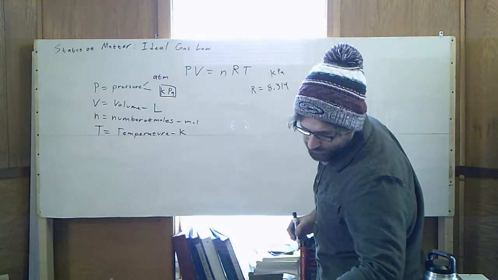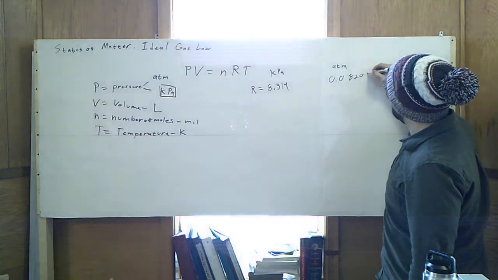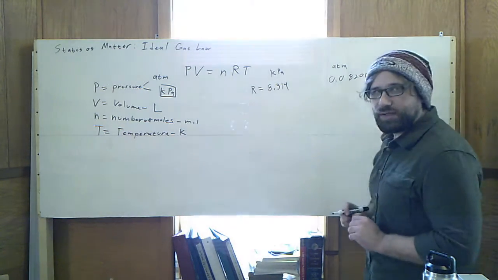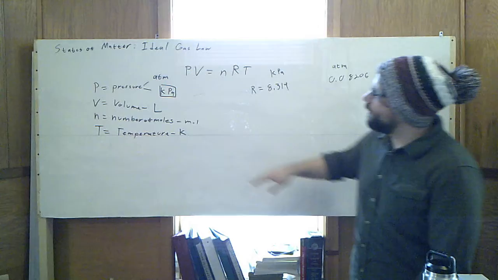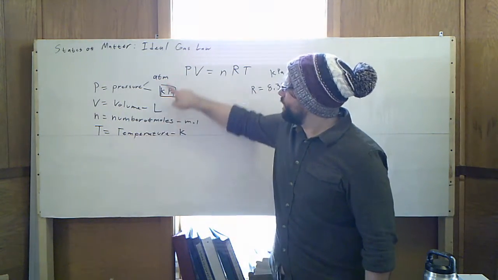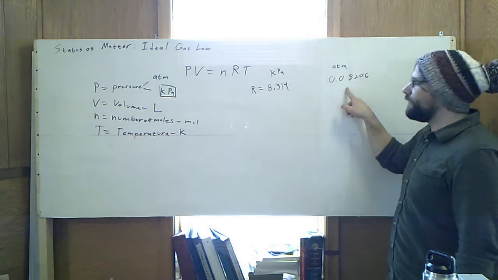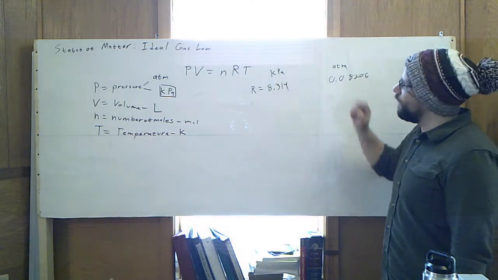I always need to look this one up. So at this point, you should have written down the ideal gas law, the variables, the different ways that we'll measure them, and the 2 values of the gas constant that we will make use of.